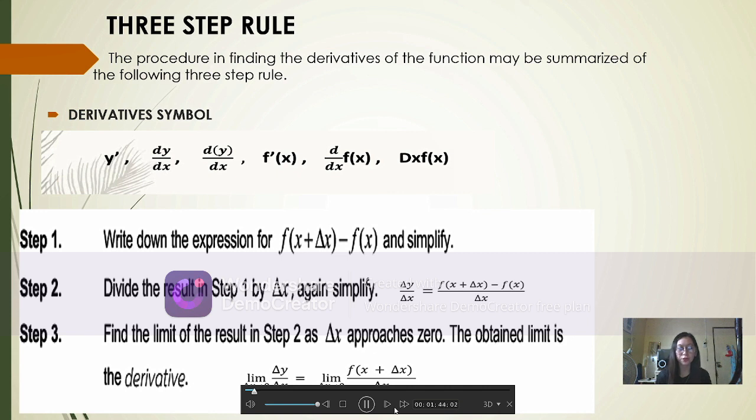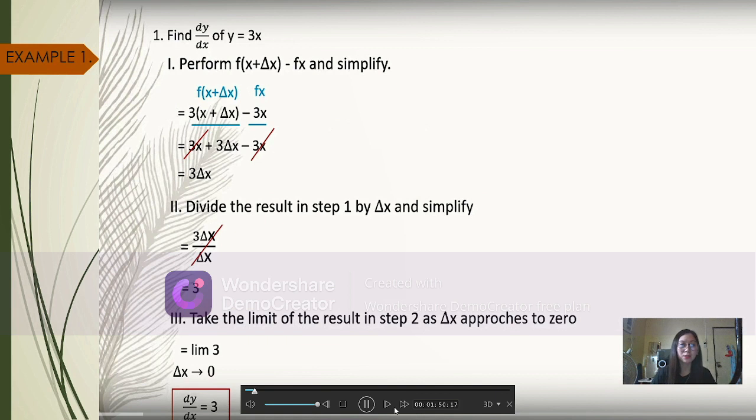So example number 1. Find dy over dx of y is equal to 3x. So step 1, perform f of x plus delta x minus f of x and simplify. So, ayan. Yung f of x plus delta x natin is 3 times x plus delta x.